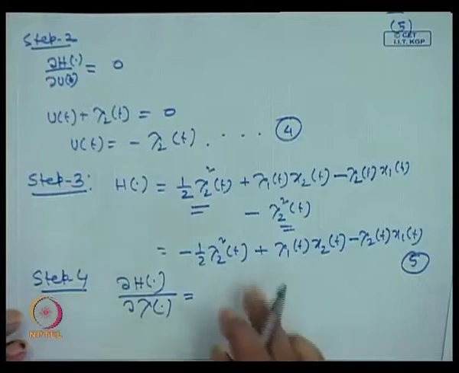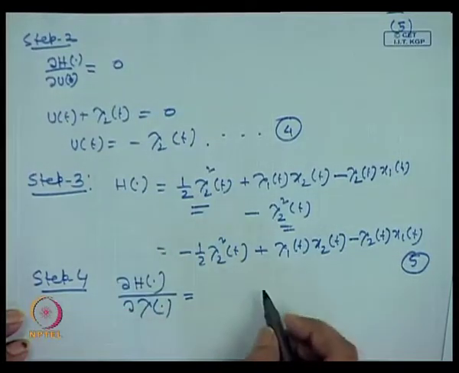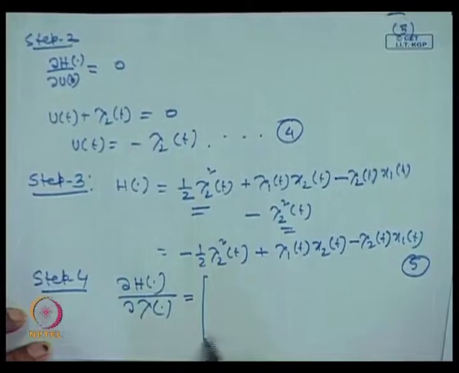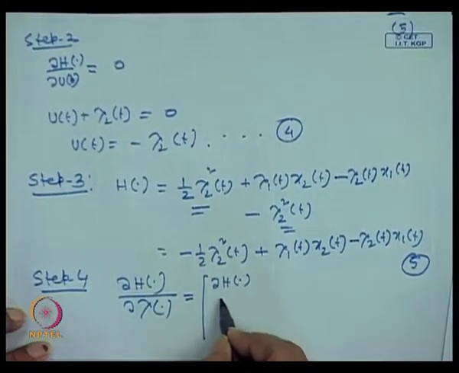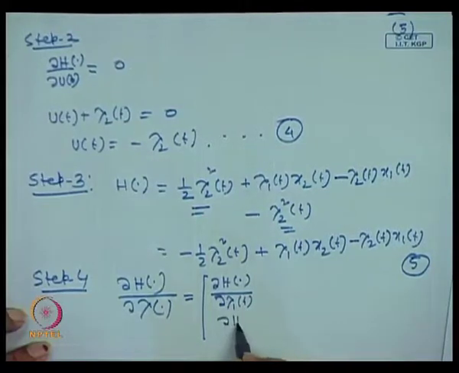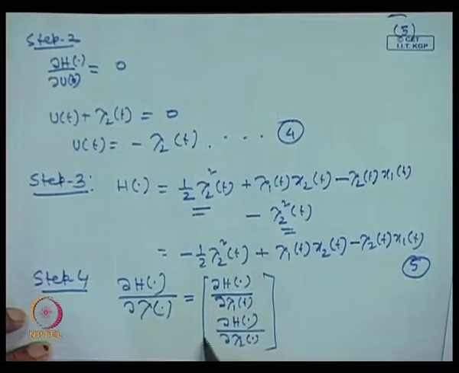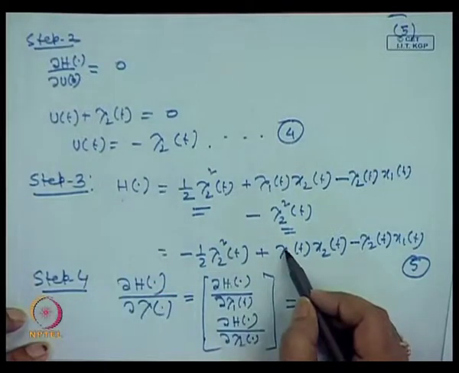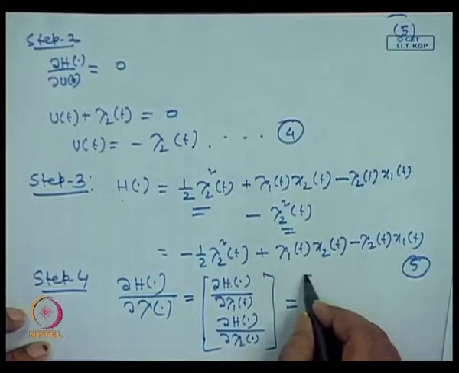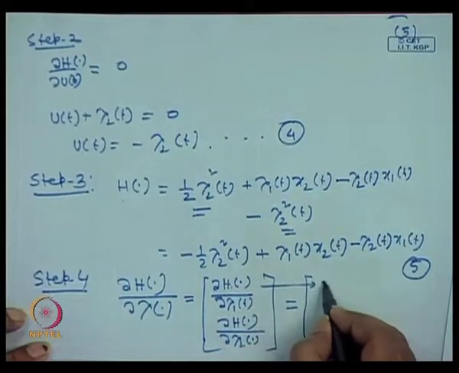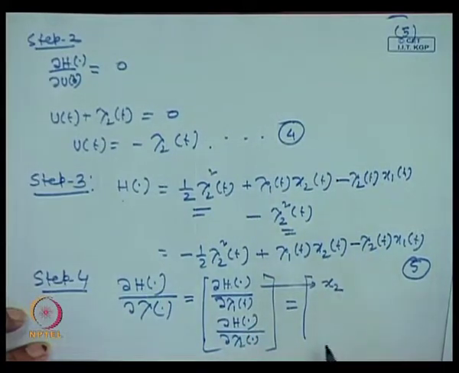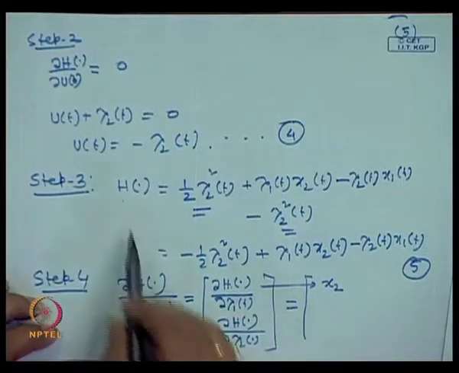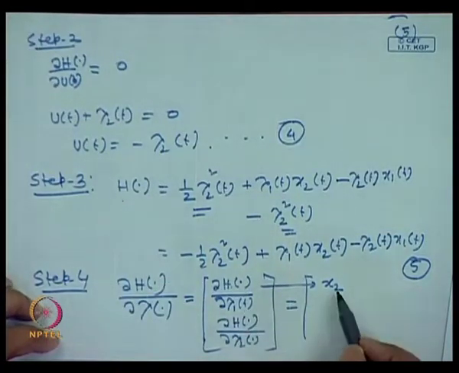Del lambda means del H del lambda 1 and del H del lambda 2, those two things. Lambda 1 term is involved in the first term, which is x 2. So, del H del lambda 1 is x 2.